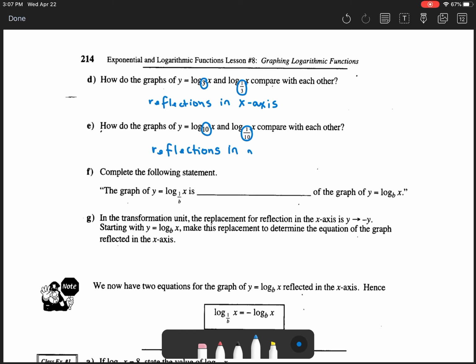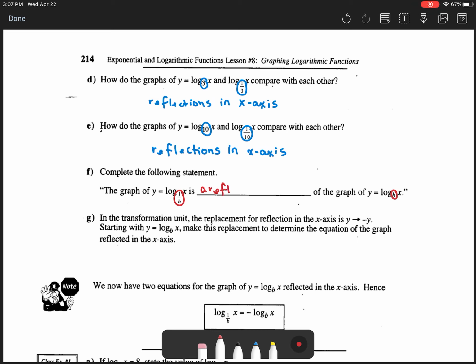Part E, how do the graphs of log base 10 of x and log base 1 over 10 of x compare with each other? Well, exactly the same thing. They are also reflections of each other in the x-axis.